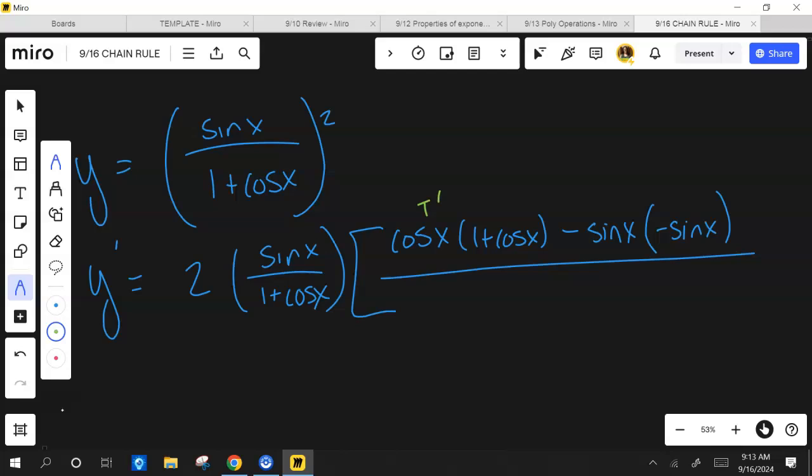Derivative of the top times the bottom minus the top times derivative of the bottom. On your sheet it might say this, but it doesn't matter the order you do that in.